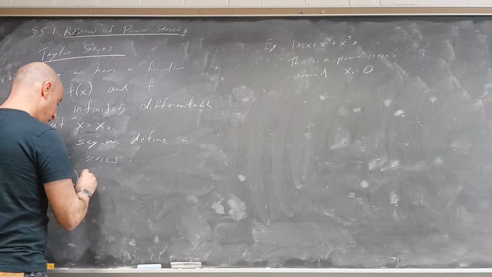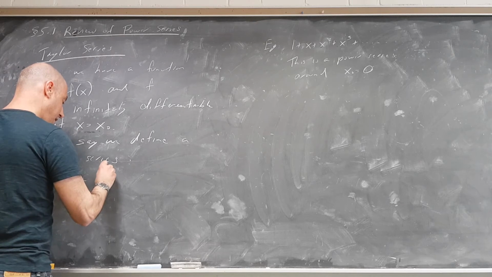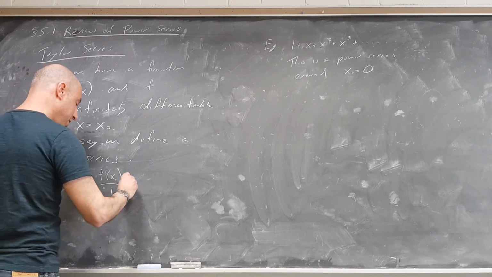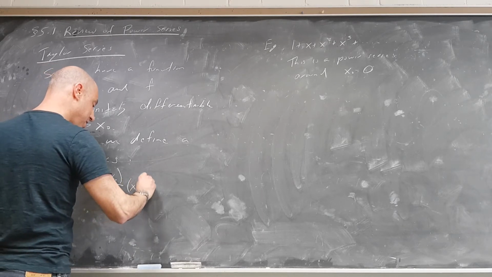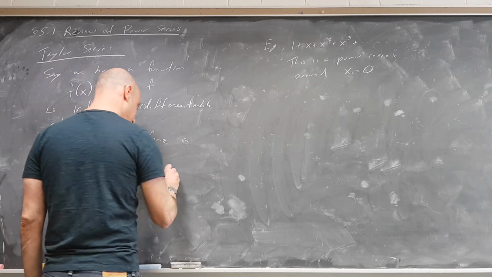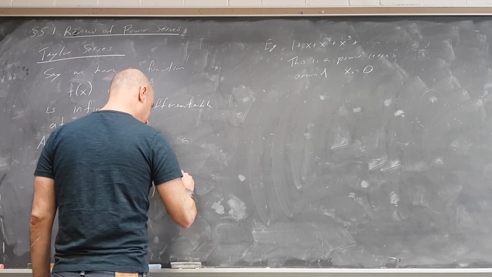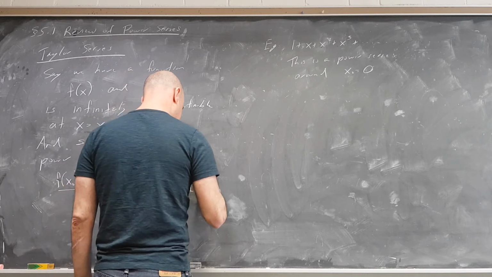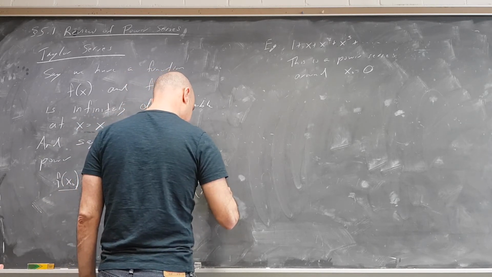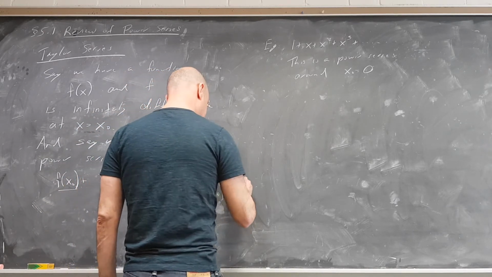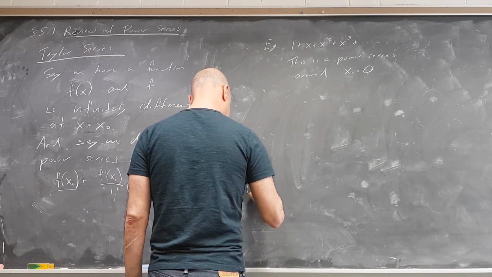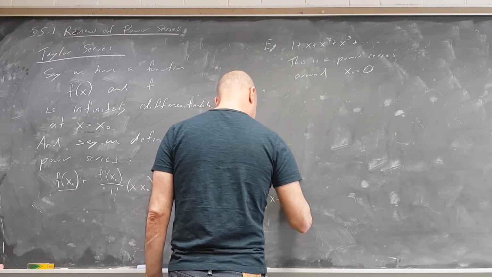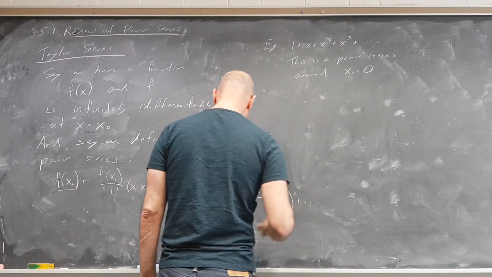Plus f prime of x naught over 1 factorial times (x minus x naught), plus f double prime of x naught over 2 factorial times (x minus x naught) squared, plus f triple prime of x naught over 3 factorial times (x minus x naught) cubed, plus and so on forever.